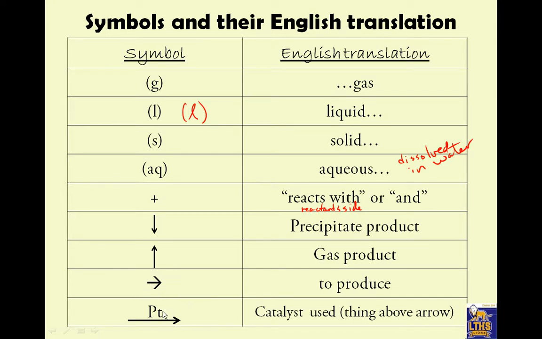Now, if you see an arrow, but there's something above the arrow, it doesn't always have to be Pt for platinum. It could also be a triangle for heat. It could be another thing like KI, which is a compound. Anything above an arrow is indicating a catalyst is used. And we'll explain catalyst as we go.